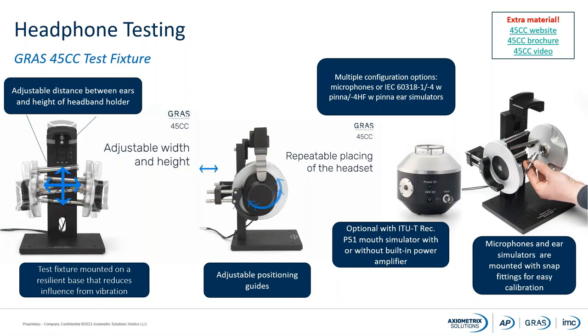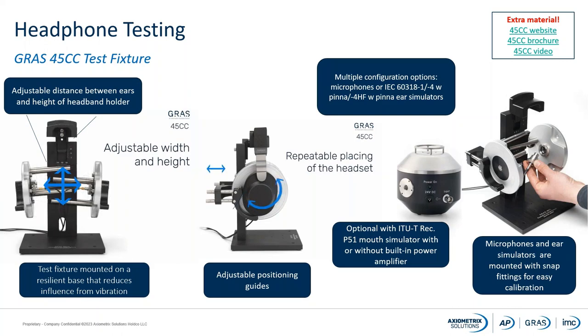It is important that we have the right position between the ears, because if we don't, then we might not have the right pressure or the right force from the headphone on the cheek plates, and it means that we might have leakage. So to avoid leakage, it's very important that the distance between the ears is correct.